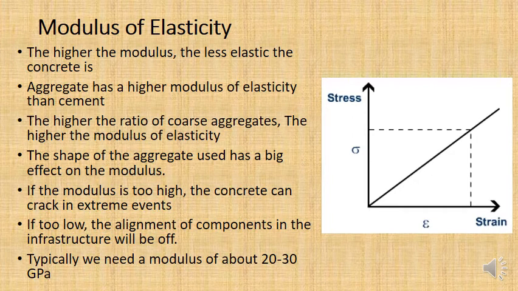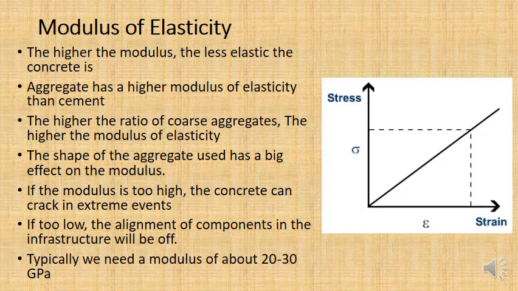So how do we measure the modulus of elasticity? Well, the modulus of elasticity is basically the gradient of the stress-strain curve. And this is done when the concrete is elastic, so it's the straight line at the beginning of that curve.